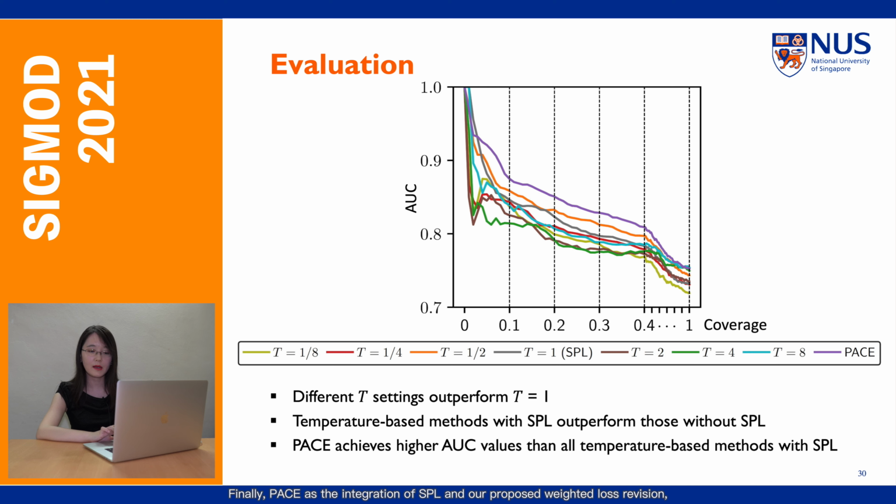Finally, PACE as the integration of SPL and our proposed weighted loss revision achieves higher AUC values than all temperature-based methods with SPL-based training. This validates the effectiveness of our proposed weighted loss revision over temperature-based weighting methods in improving the performance on easy tasks.